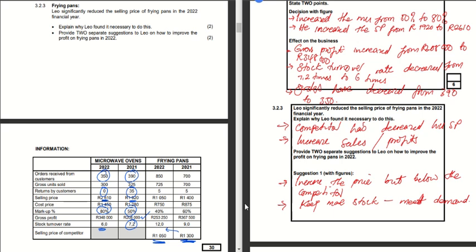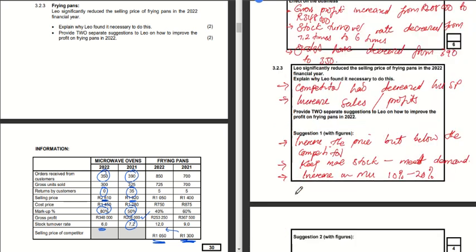He can also bring in an increase in markup, but it must not be a huge increase, maybe around 10 to 20%. So these are some of the things that Leo can do in order to improve his profit.